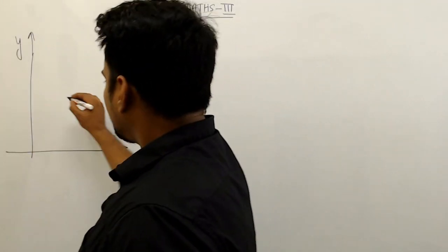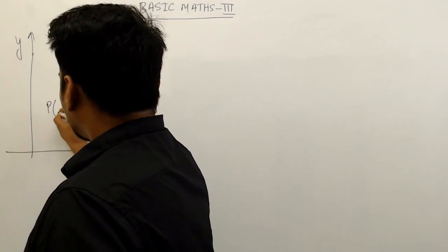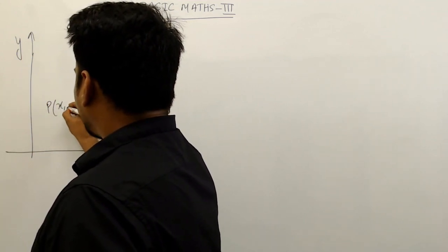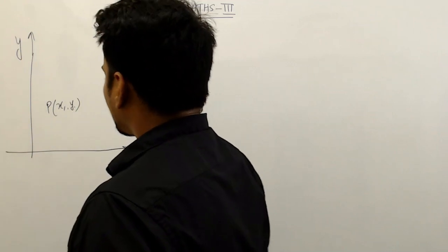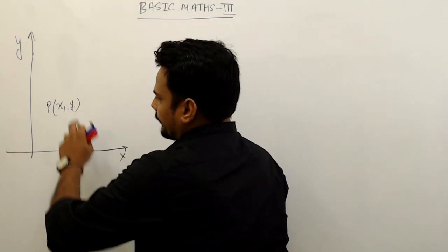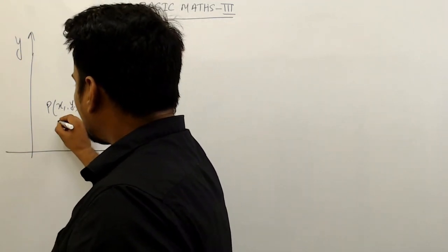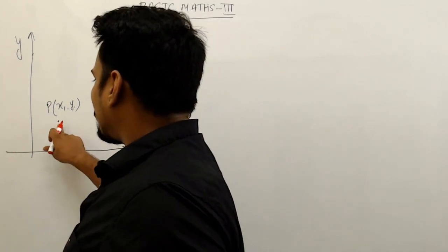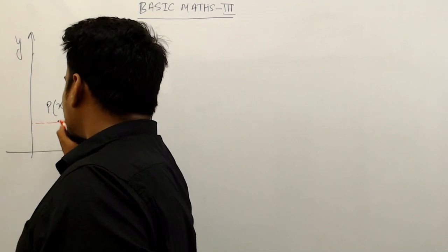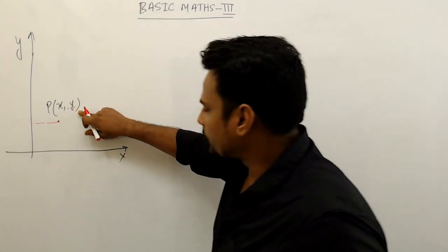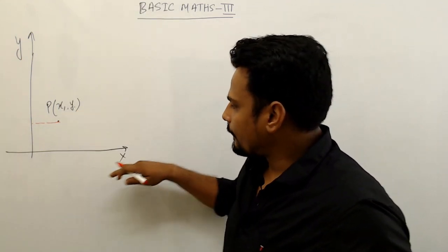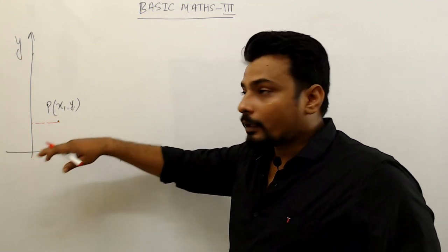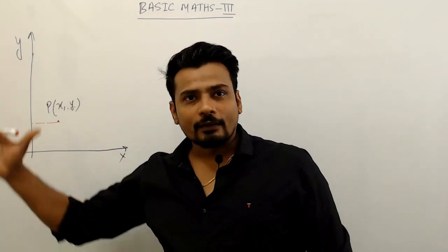I have a point P over here with some coordinates x1 and y1. Now let me tell you what x1 and y1 mean. So for example, here is the point. Then x1 represents the distance of this point from the y-axis, and y1 represents the distance of the point from the x-axis.